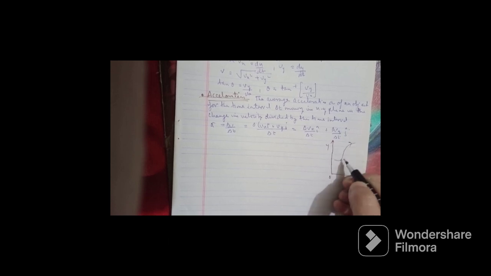Here we have a graph of the components, Vy j cap, Vx i cap. This is 0 and this is from the x axis. The components Vx and Vy of the velocity V, and the angle theta it makes with the x-axis.